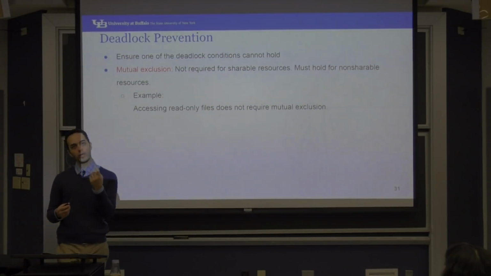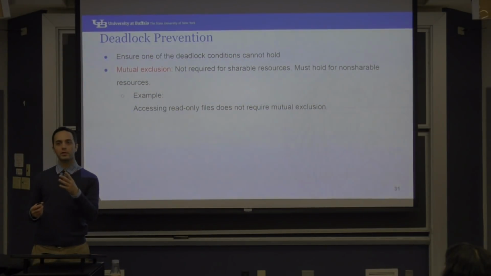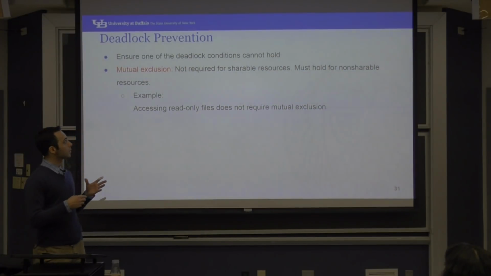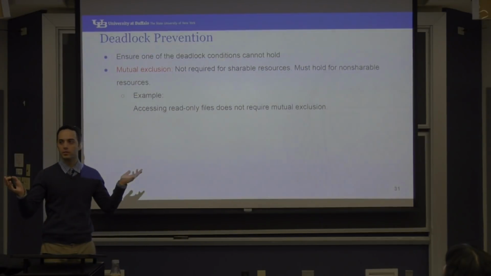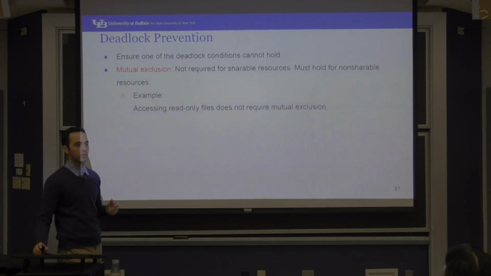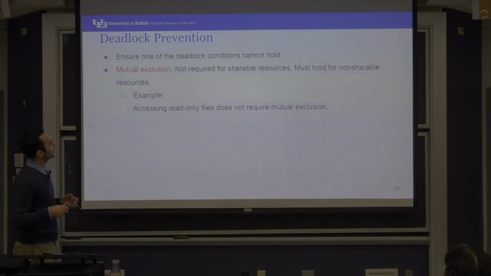Either they had one instance, so one process could hold them and not the others, or multiple instances, but again, they're not shareable for everyone, for infinity. Mutual exclusion holds for non-shareable resources.